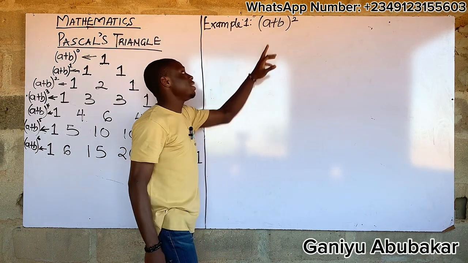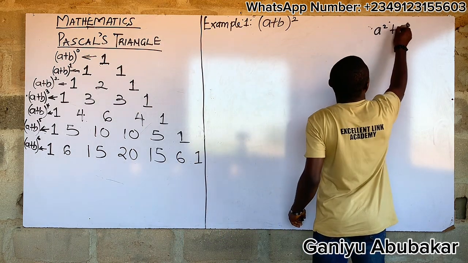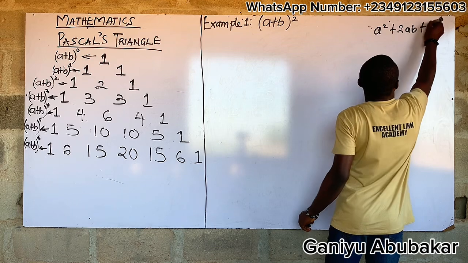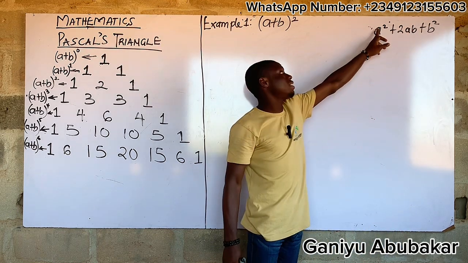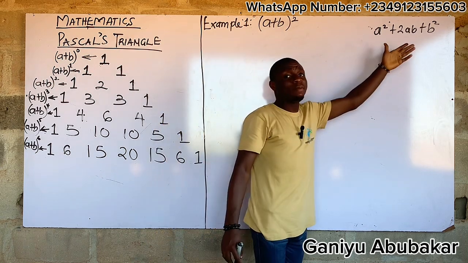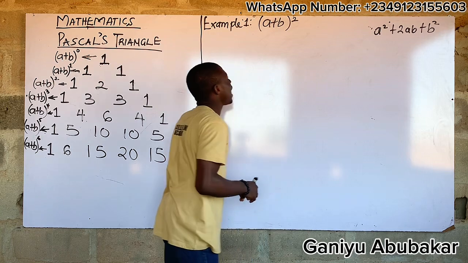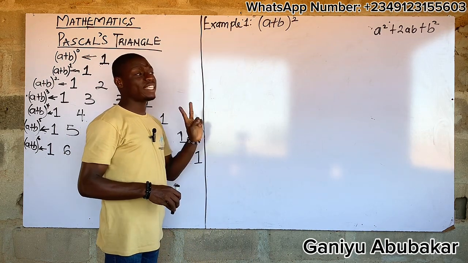Last class, when we expanded this using the general method, we had a squared plus 2ab plus b squared. Let's now see if we get the same answer using Pascal's triangle. How do we solve this using Pascal's triangle? There are two key things to note.